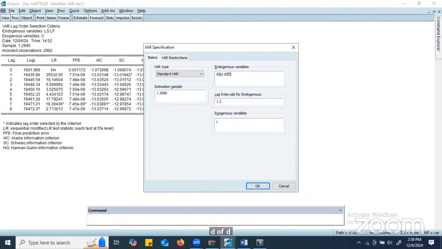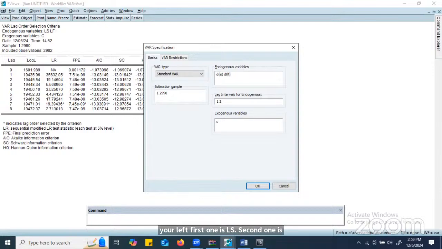Got it? Have you specified D of LS? D, open the bracket, LS, close it, space, D of LF. First one is LS, second one is LF.